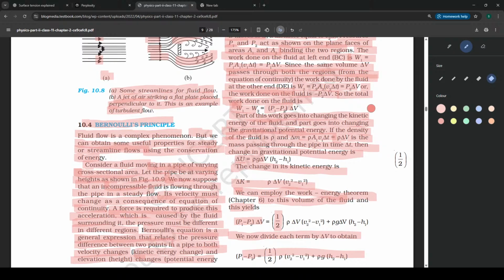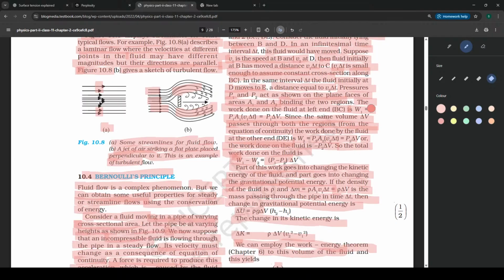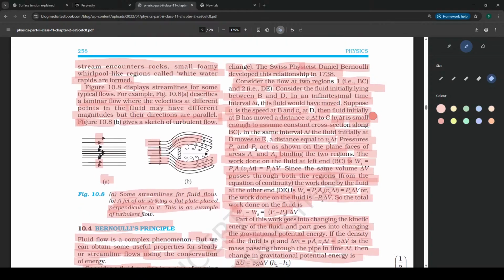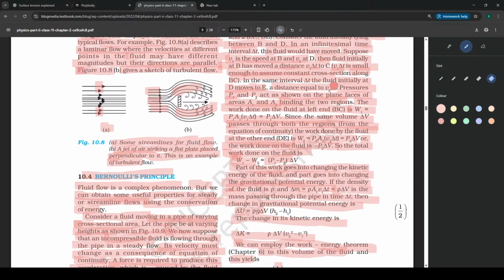What is the main thing in Bernoulli's equation? Basically considering the work done here, W1, which is equal to P1 delta V from P1A1 times V1 delta t.